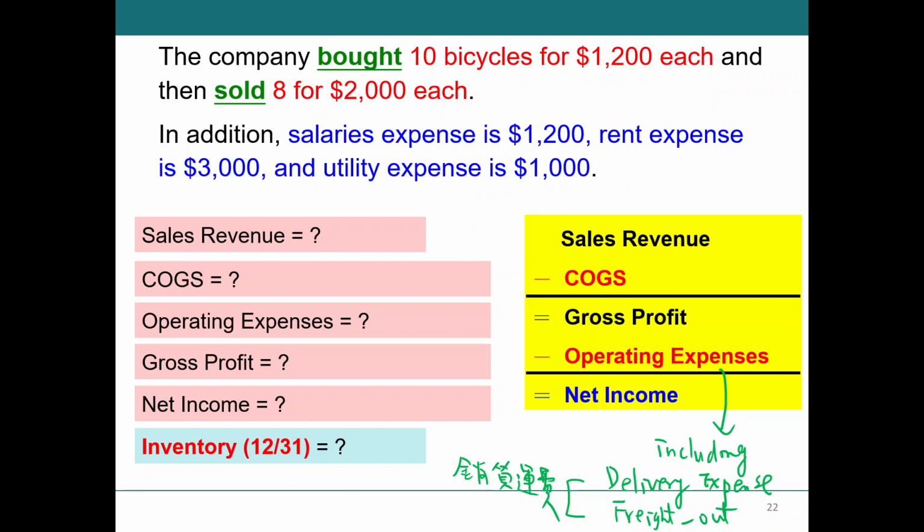Okay. So based on this, you will note for the transactions we have on page 18 so far, what's the net income we have on page 18 from transactions 1 and 2? What's the net income we have?